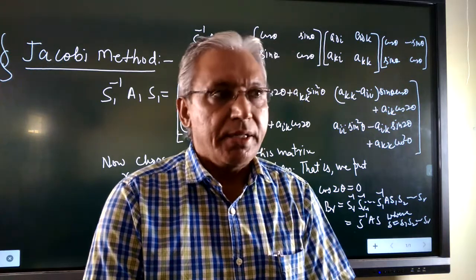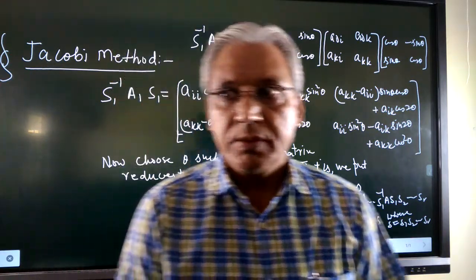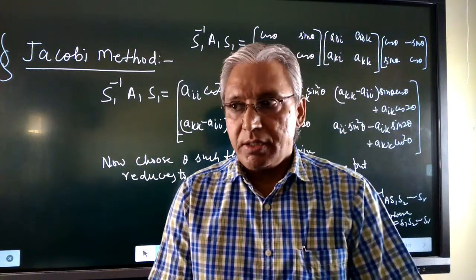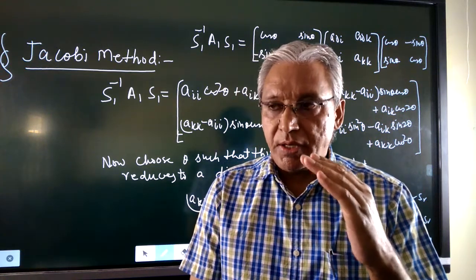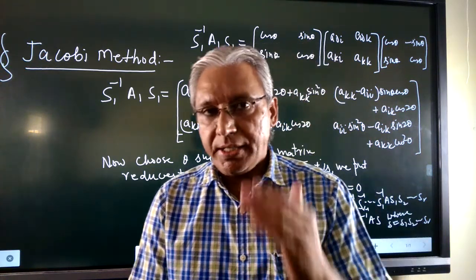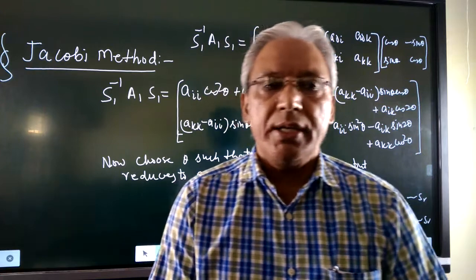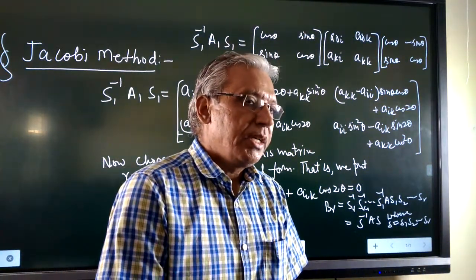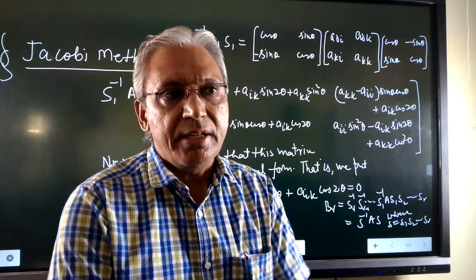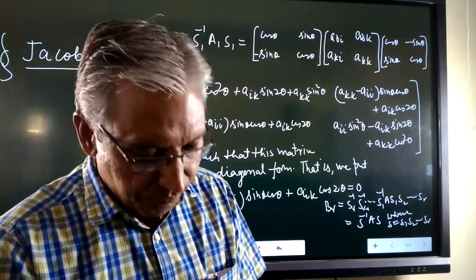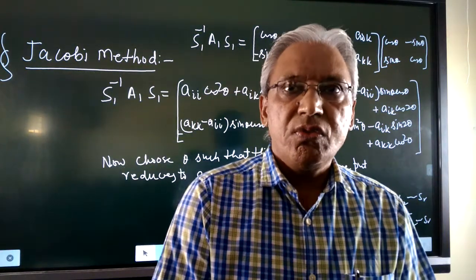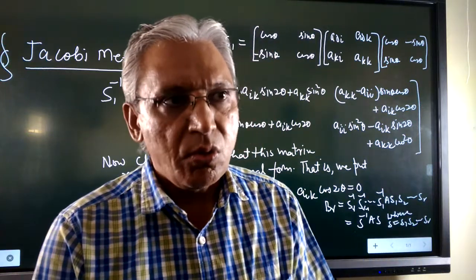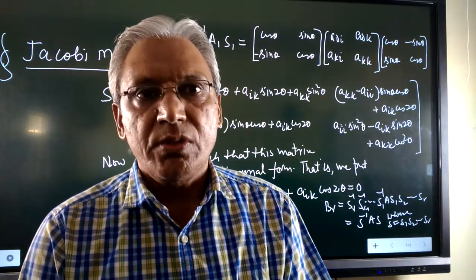In this method, we convert a given matrix into a diagonal matrix. This diagonalization is done by applying a series of transformations or rotations like S1, S2 and so on.